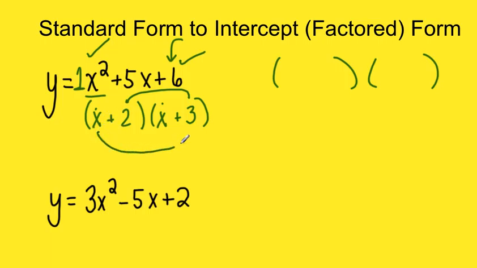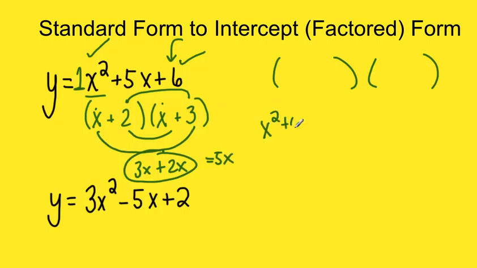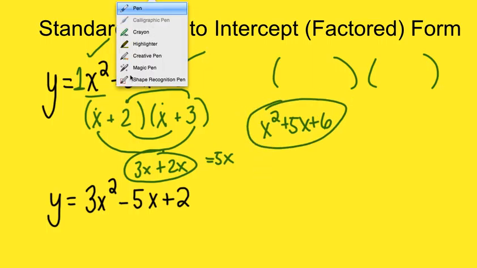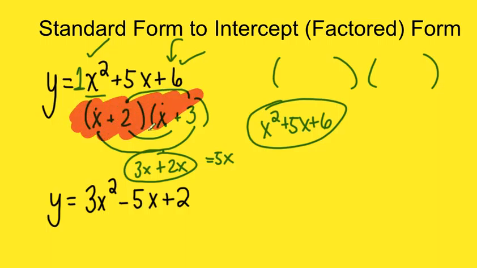This x times 3 is 3x, and 2 times x is a 2x. If I put those together, I get 5x, which is x squared plus 5x plus 6. So that is your answer. This one out here would be in factored form.